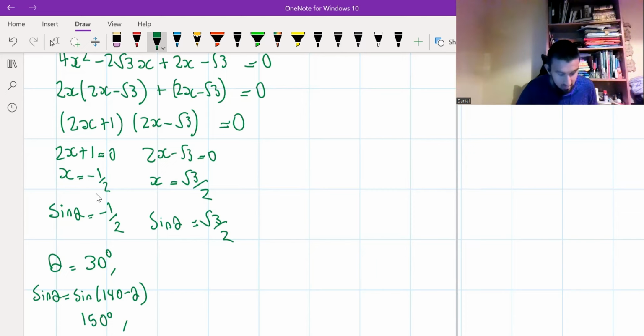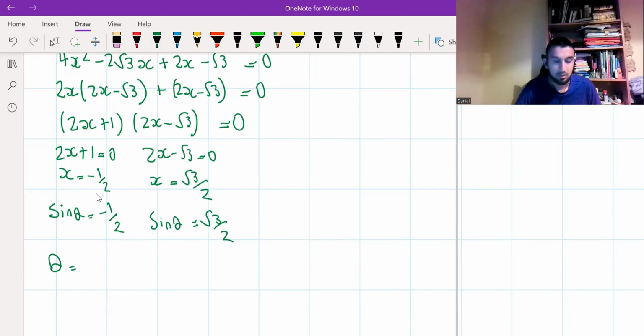Actually, take that back. Here, sine theta equals minus half, we put in the calculator the inverse, and we get minus 30 degrees. And from this one, sine theta equals root 3 divided by 2, sorry, not minus, will give us 60 degrees.